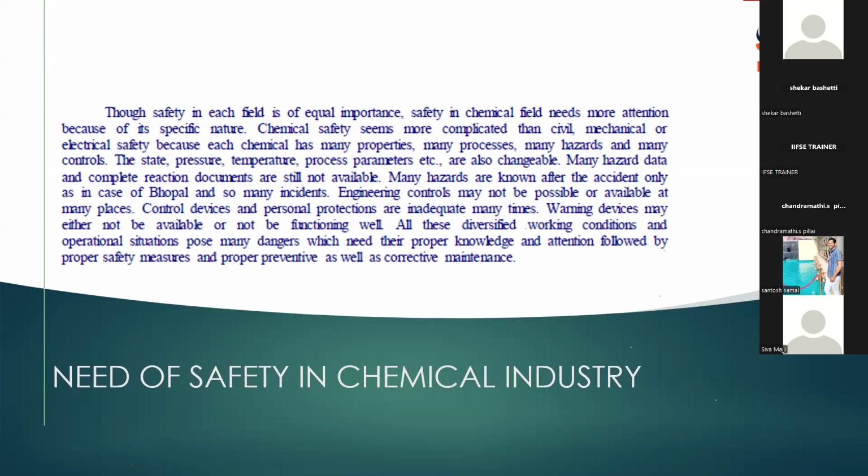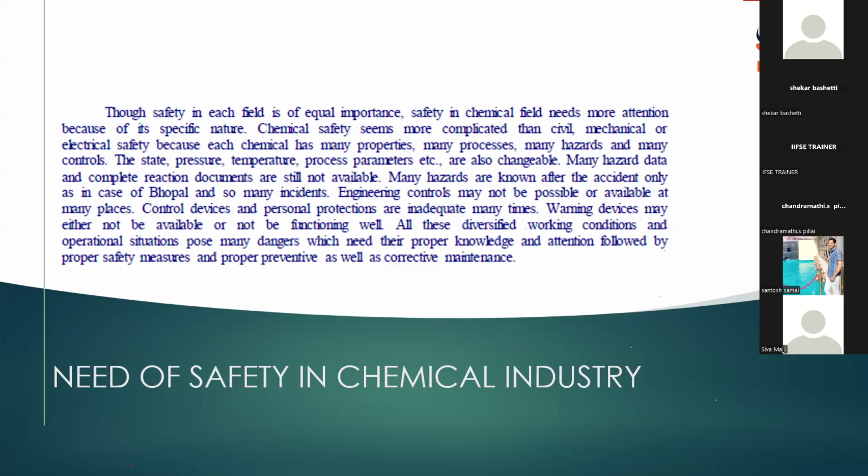Similarly, chemicals also require safe handling practices because of their nature. Chemical safety seems more complicated than civil or mechanical or electrical safety, because each chemical has many properties. I told you it has many properties, and many processes, many hazards, and also many controls.